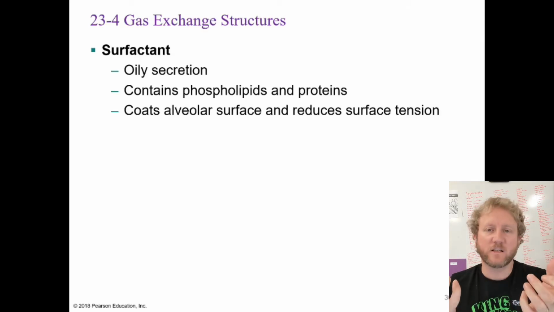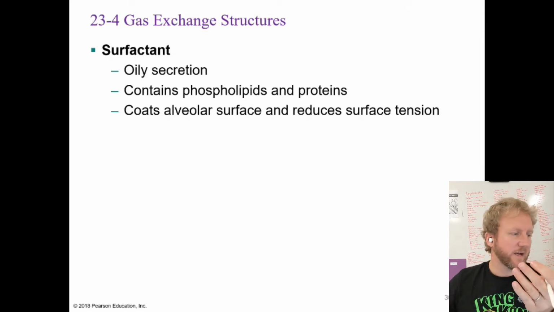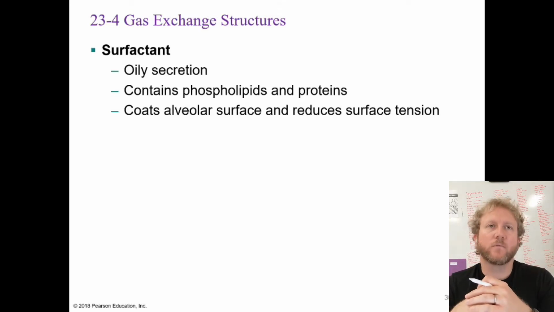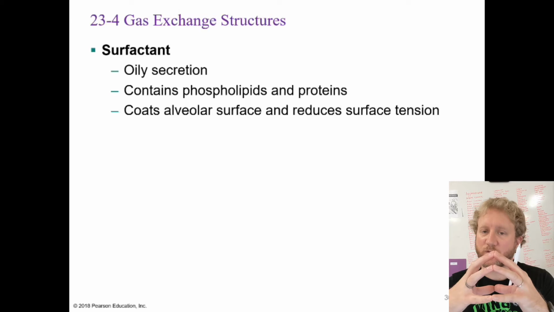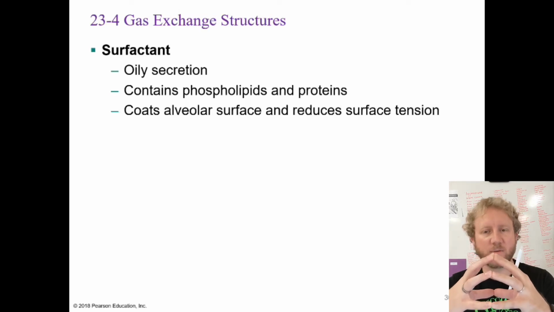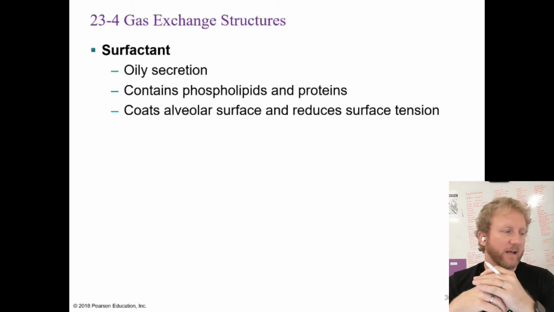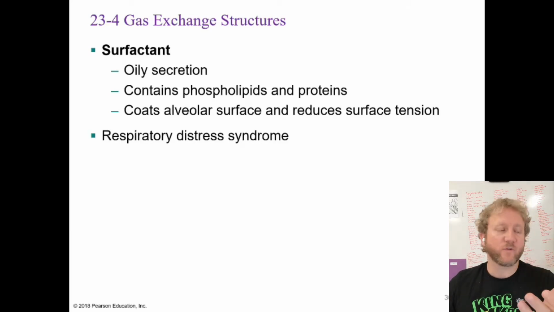And so the surfactant that is produced by the pneumocyte type 2 cells reduces that surface tension and allows those elastic fibers to hold those alveolar spaces open.